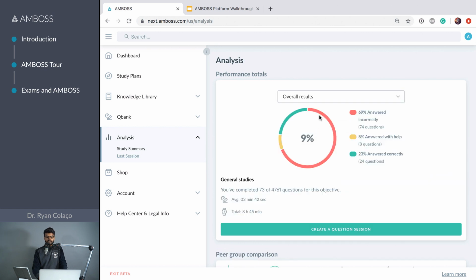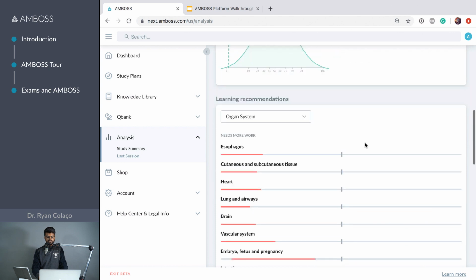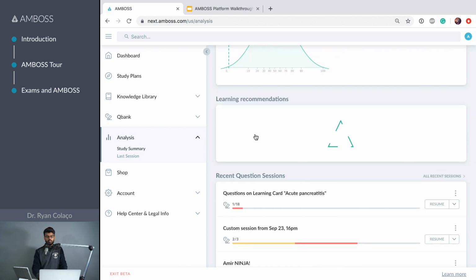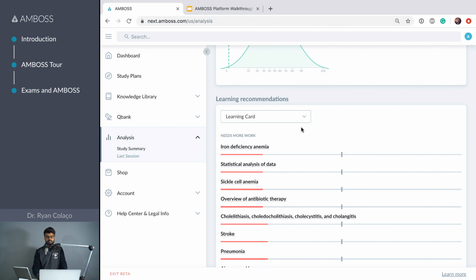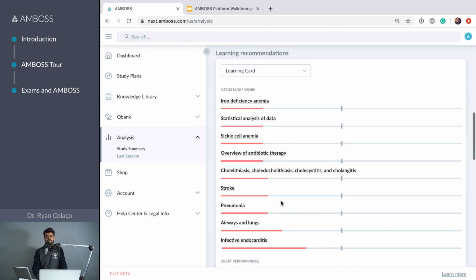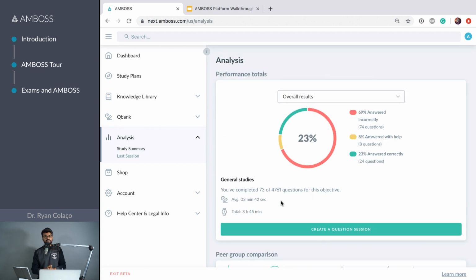If you go to the analysis feature and you want to know what it is that you need to study, AMBOSS will give you a whole list of learning cards that you need to study. And how this list is created, and this is where the strength of AMBOSS lies, is based on the things that you got right or wrong, which means that if you got an answer wrong on a concept that is tested, AMBOSS logs it as your weakness.